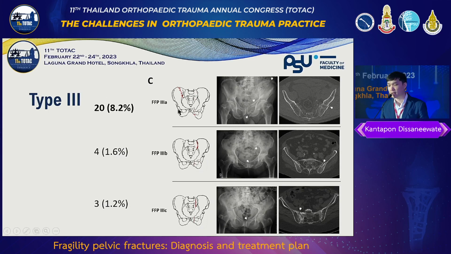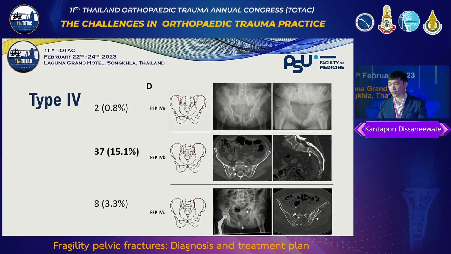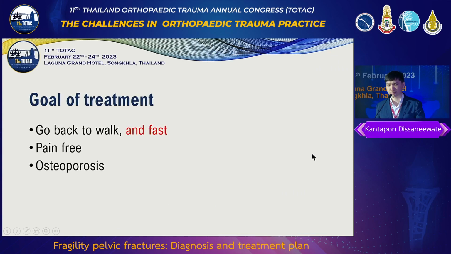This fracture is unstable, because most of the time there is no ligamentous attachment to the iliac fragment. And for type 4, the most common one is the H type or U type sacral fracture, which has a transverse fracture of the sacrum that you usually see on the sagittal view of the CT scan. So don't forget to look at the sagittal view.